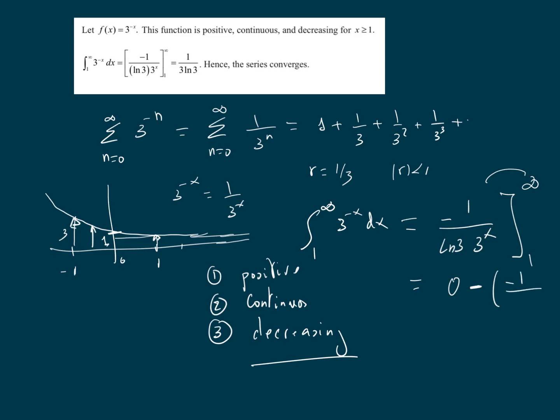At 1, the evaluation is natural log of 3 raised to 1. So this is a positive number, because the area is always positive, of course, and it will be 1 divided by 3 natural log of 3.